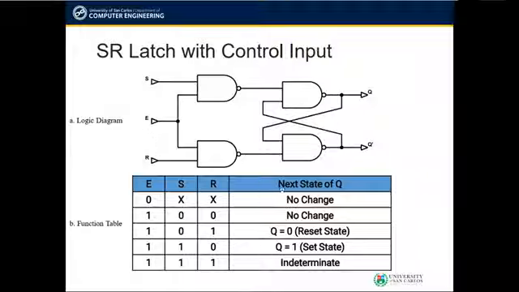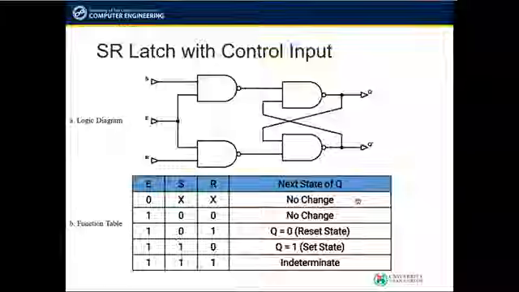It can be seen in this function table that when E is 0, the circuit is disabled, so regardless of the present values of inputs S and R, the next value of Q or its next state will remain the same with respect to its present value or state.